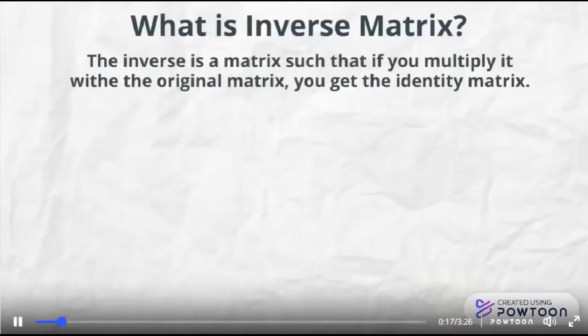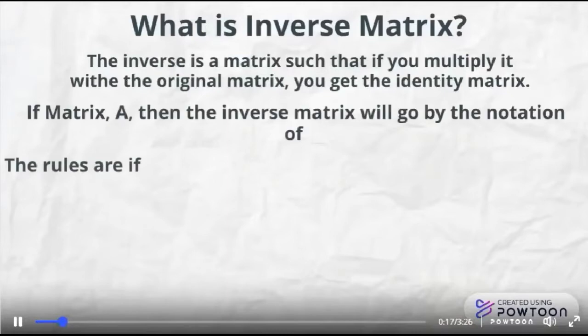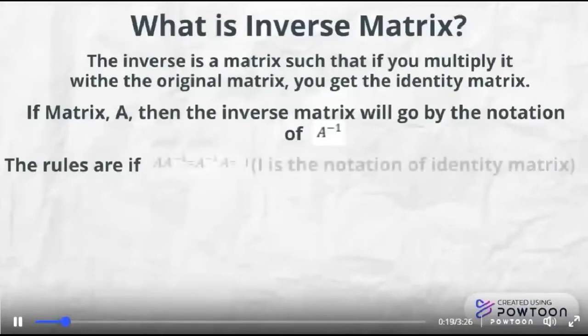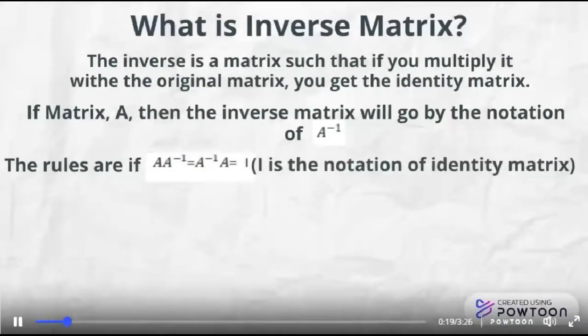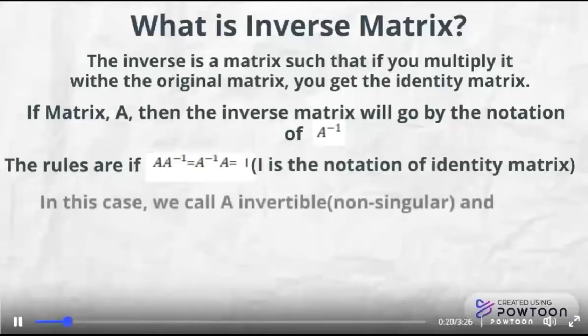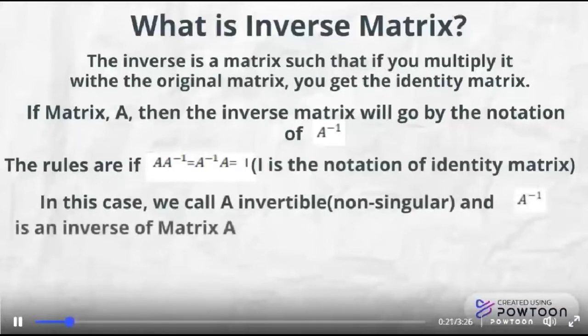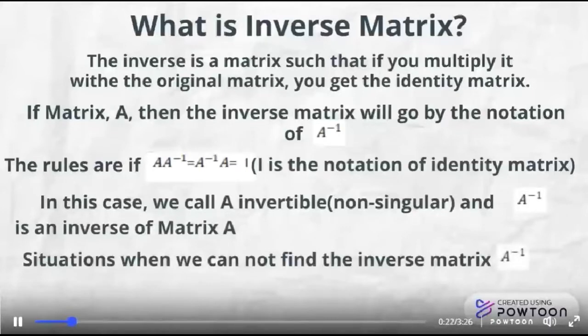First and foremost, what is the inverse matrix? The inverse matrix is a matrix such that if you multiply it with the original matrix, you get the identity matrix. Let's say we have a matrix A, then the inverse matrix will go by the notation A to the power of minus 1.